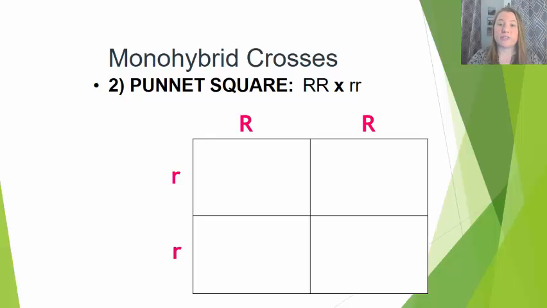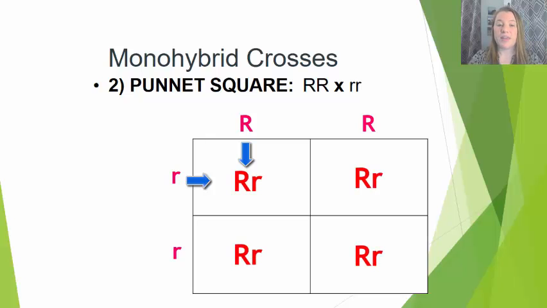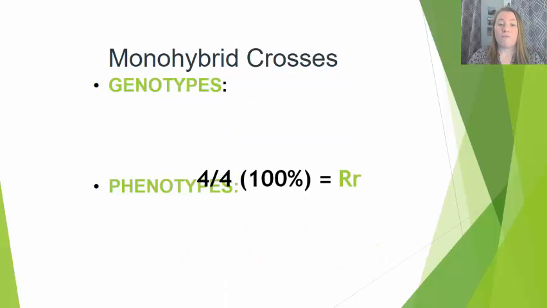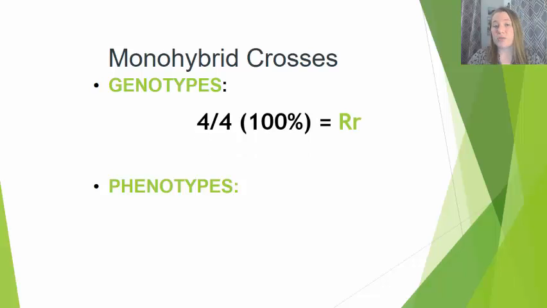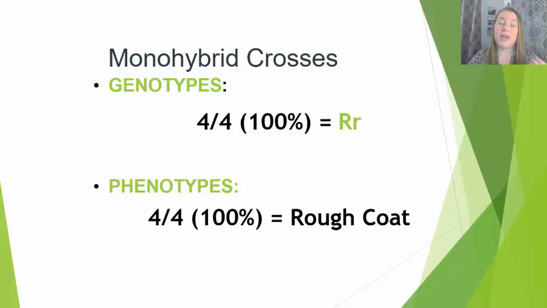Now we bring the letters down and move them across to fill in each of the boxes. And then we report out the possible genotypes and phenotypes. 4 out of the 4 boxes, or 100%, could be capital R, lowercase r, which is heterozygous. The phenotype would be a rough coat, because again, one copy of the dominant allele is all it takes to show the dominant phenotype.